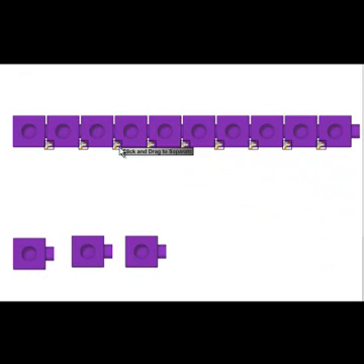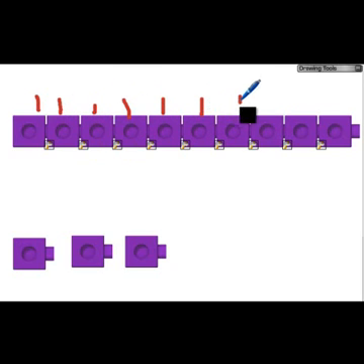So we have 10 plus 3, which is equal to, so you'll notice here, what we have is 10 plus 13. We have 1, 2, 3, 4, 5, 6, 7, 8, 9, 10, 11, 12, 13.